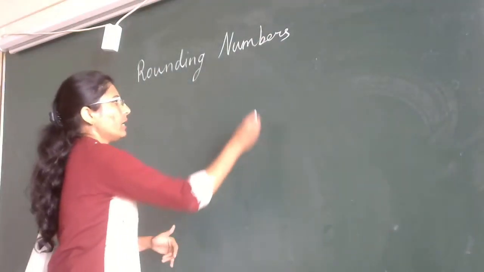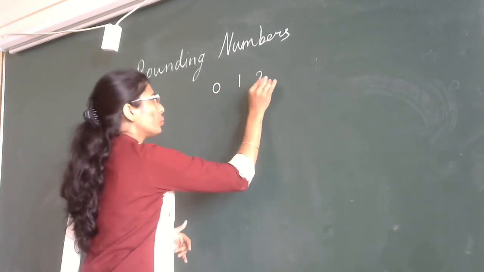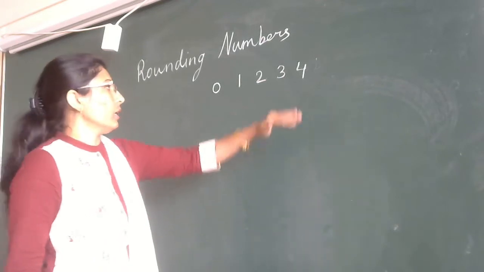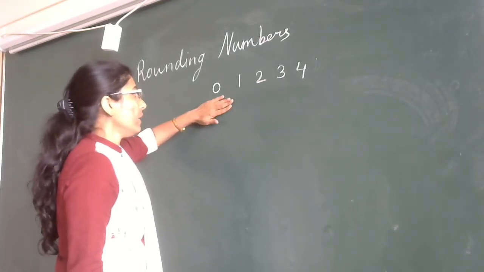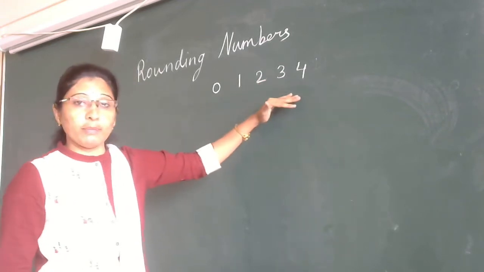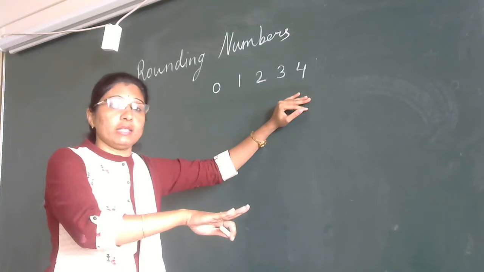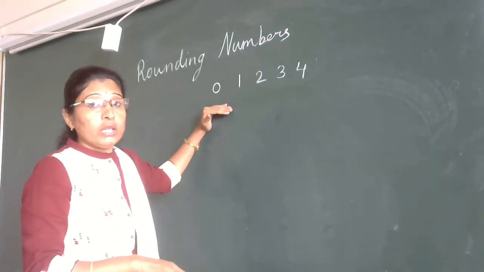So the numbers start from 0, 1, 2, 3, 4. When we are rounding off numbers, the numbers having these digits in the ones place, we have to round to the previous number, because they are nearer to the 0.